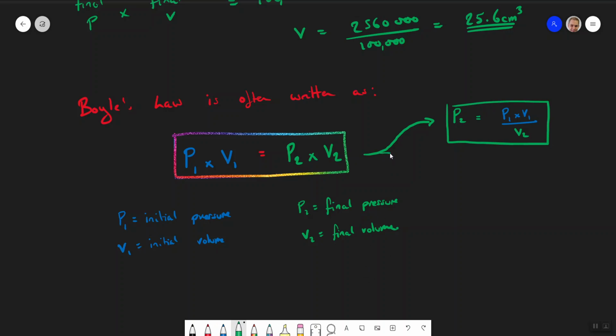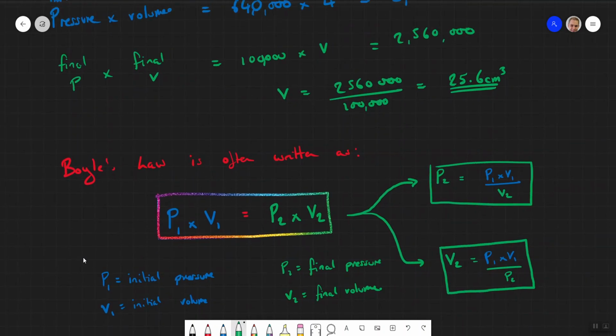And if you want to know the final volume, well, it's P1 times V1 over P2. And you can see that is just the value of the constant, because we've worked it out anyway. We just don't need to necessarily write it down.